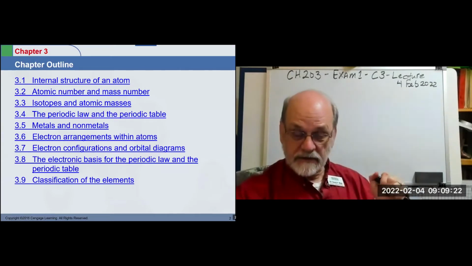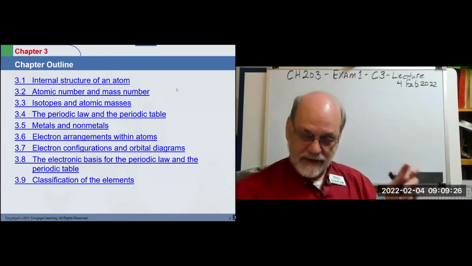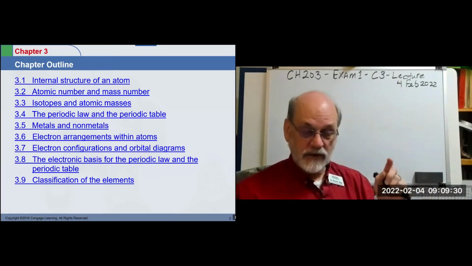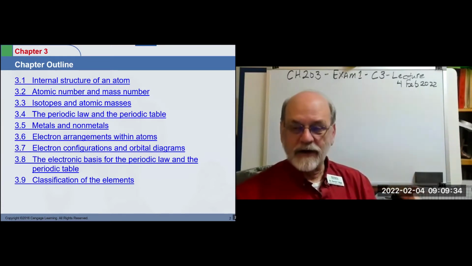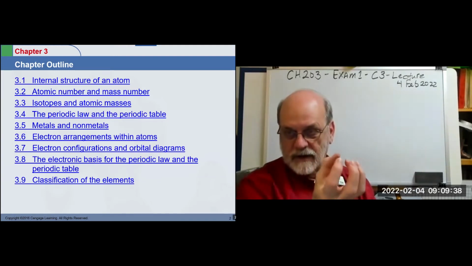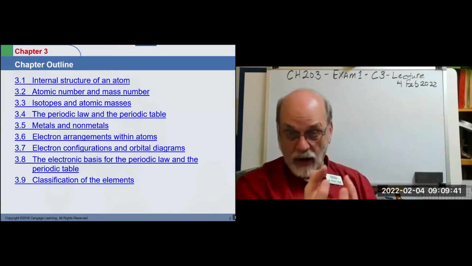All right, we're going to start with the atom. And the Greeks had it wrong. In fact, John Dalton had it wrong. Calling it an atom means that you can't cut it, you can't reduce it any further. It's just a black ball.